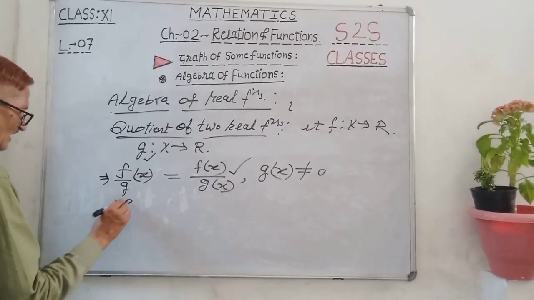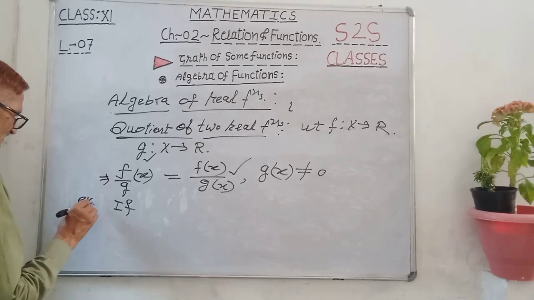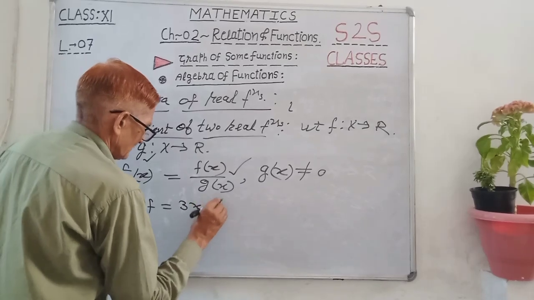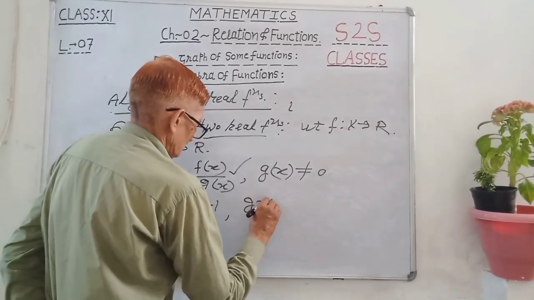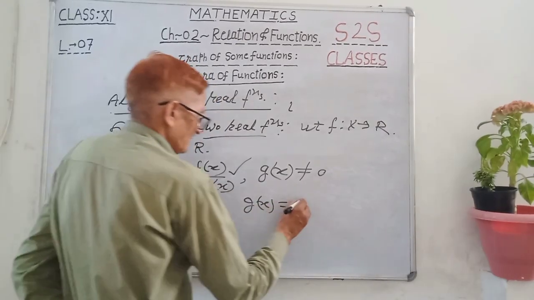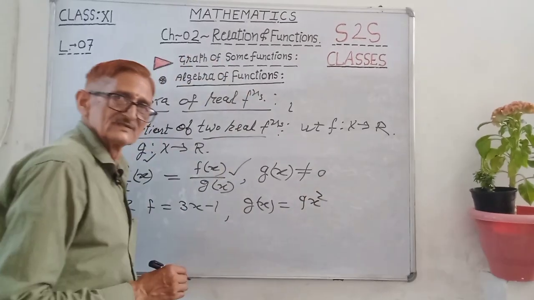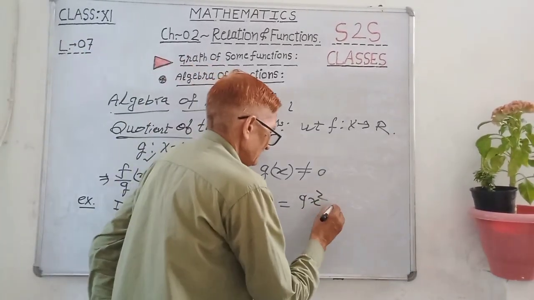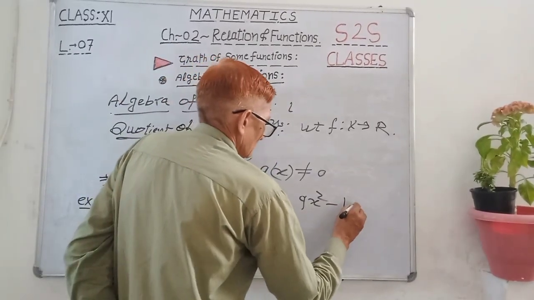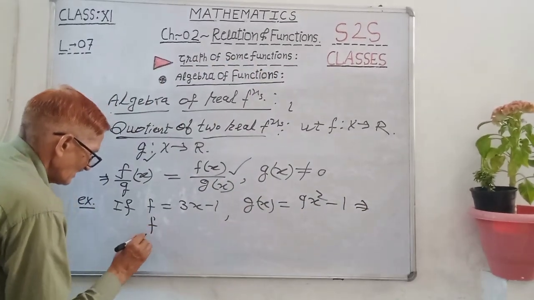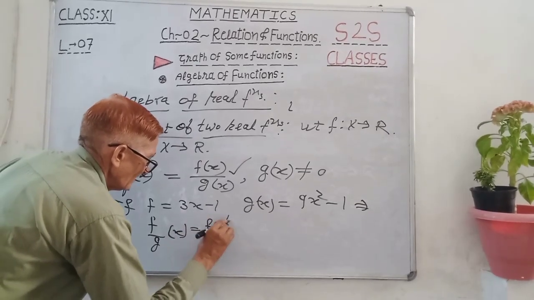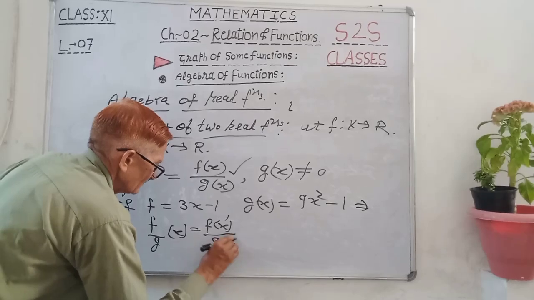Example: if f(x) is equal to 3x − 1 and g(x) is equal to 9x² − 1, then this implies (f/g)(x) will be equal to f(x) upon g(x).